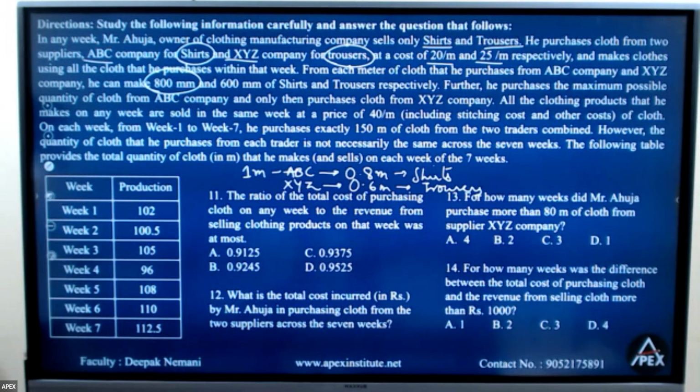How many millimeters is equal to 1 meter? 1000, right. Okay, now if it were 0.06 as you said, he would go bankrupt.